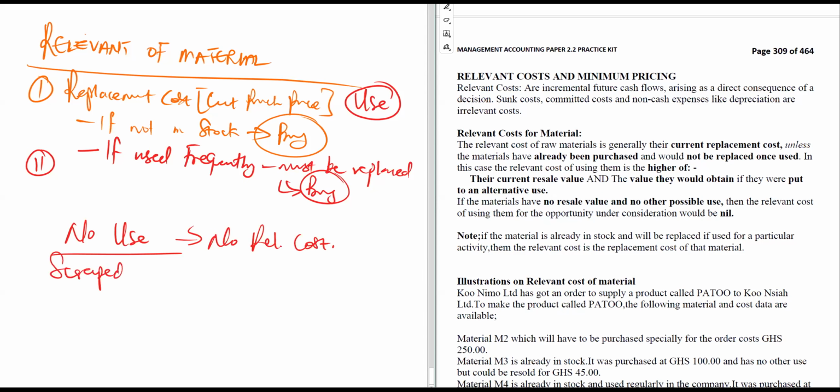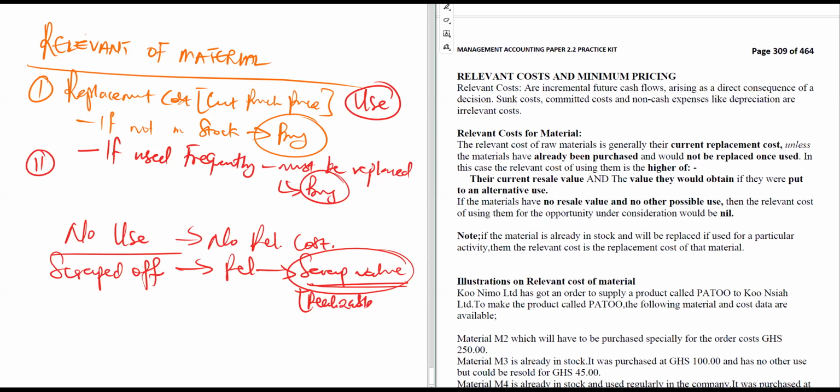So if it has no use, but we can scrap it off, the relevant cost is the scrap value. Make sense? Because you have decided not to scrap it and you are using it for your business, the scrap value becomes a relevant cost. If you don't see scrap, you may see something like realisable value.